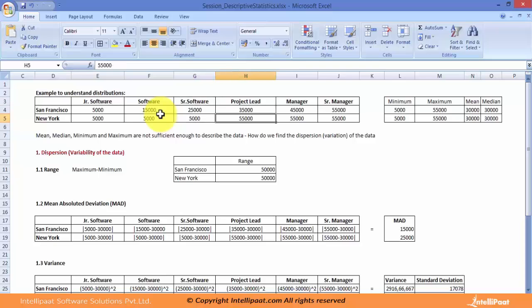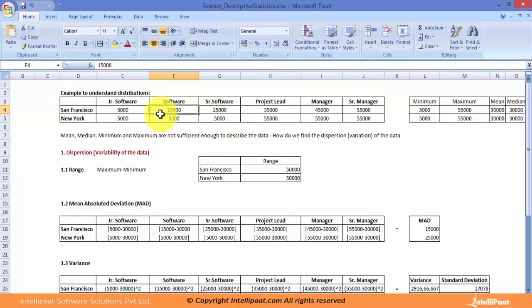For project lead, the New York organization pays more than San Francisco. But when you summarize the data, it comes out the same. The min, max, mean and median all look the same, but this is not the actual case.